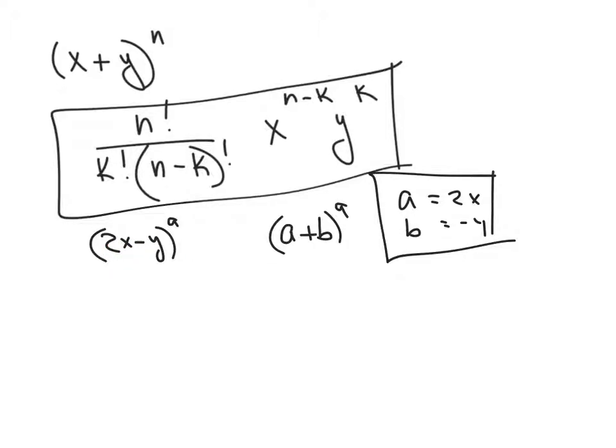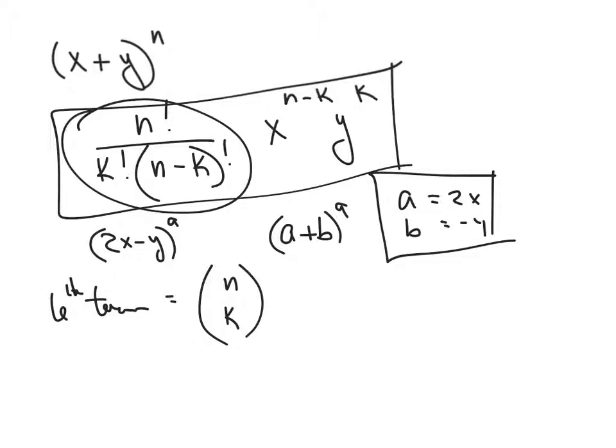Okay, so my 6th term is equal to a to the n minus k, b to the k.